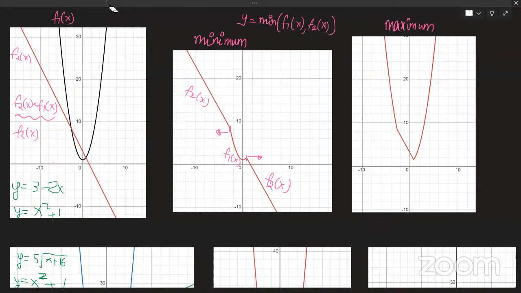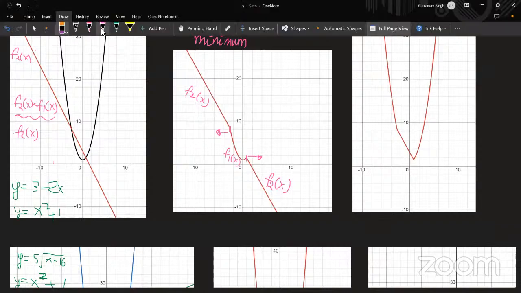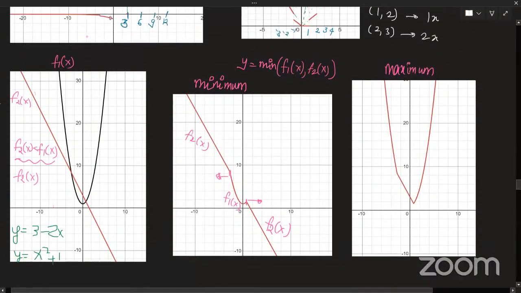See, for every value of x, I am giving it many inputs. Y is equal to minimum of these inputs. So at each value of x, it will give me the lesser one. Whichever function is lesser, it will give me that one. If you look clearly, there are two intersection points of these functions.